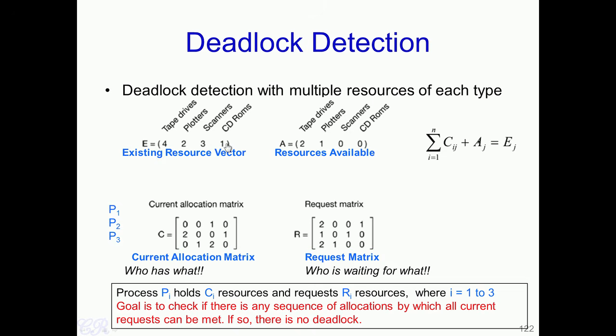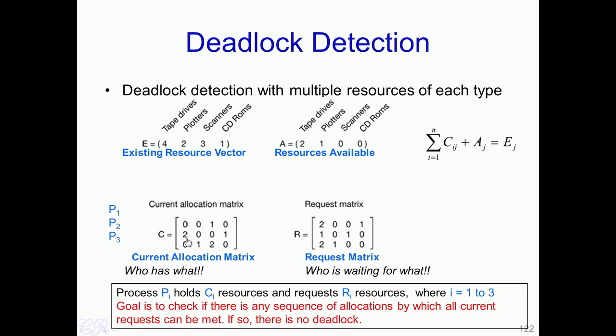Then let us also say that we have 3 processes executing in the system, P1, P2, P3, and this is the current allocation matrix. So, row 1 is with respect to process P1. This means that the process P1 does not have any tape drives, does not have any plotters, is allocated 1 scanner and no CD-ROMs.